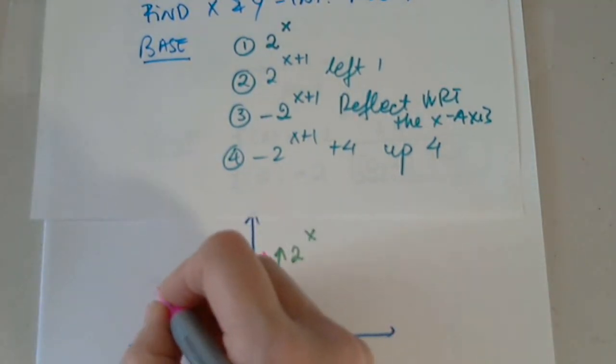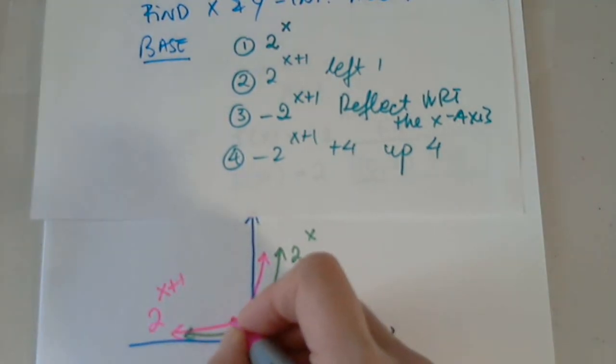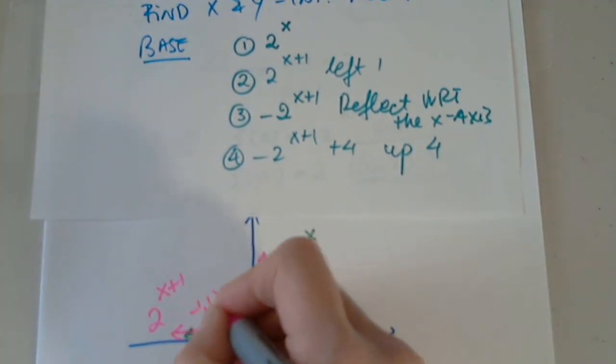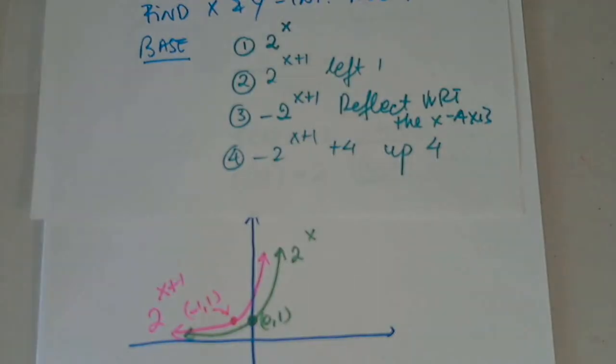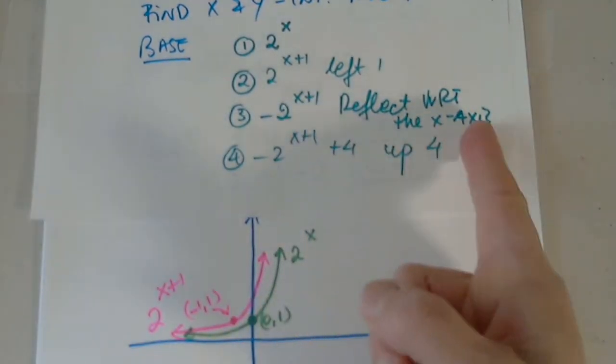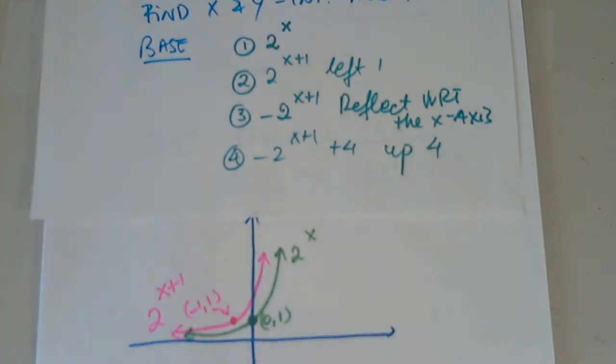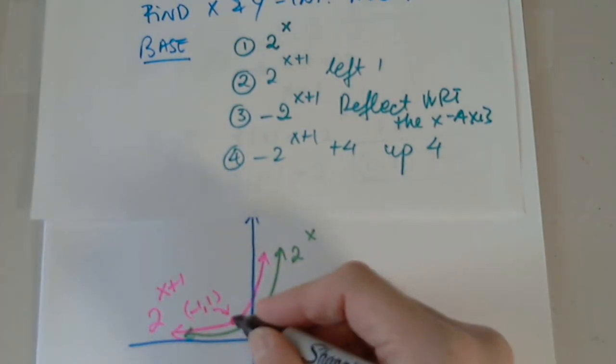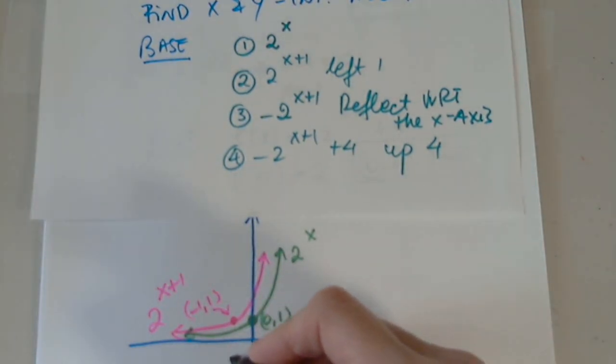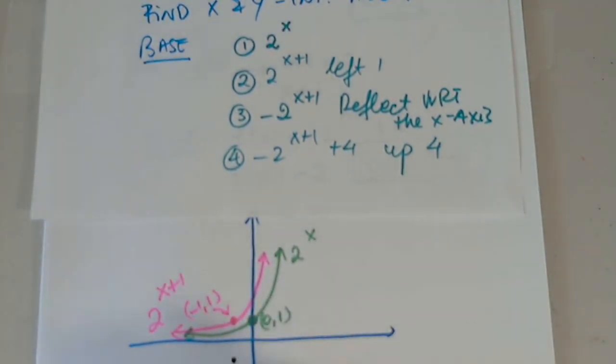So this is 2 to x plus 1. And this point now is (-1, 1). Next, you told me to reflect the graph with respect to the x-axis. I completely agree. So now this point gets reflected here. It will be at (-1, -1).